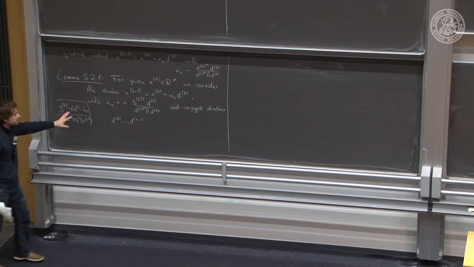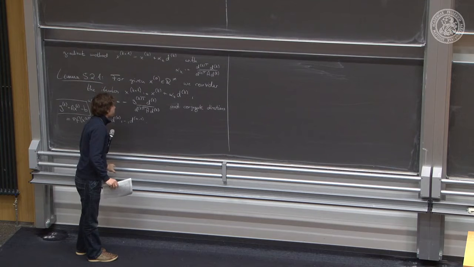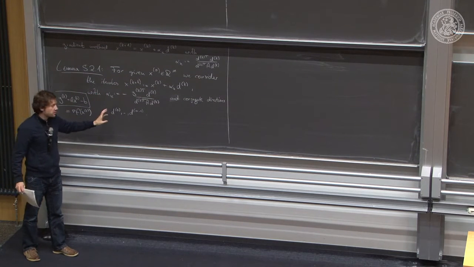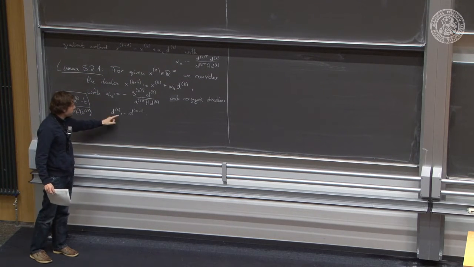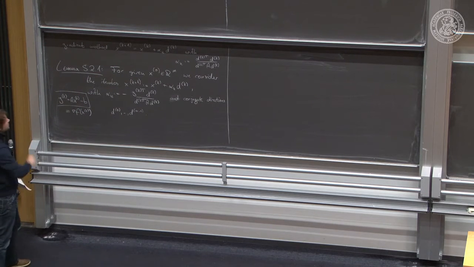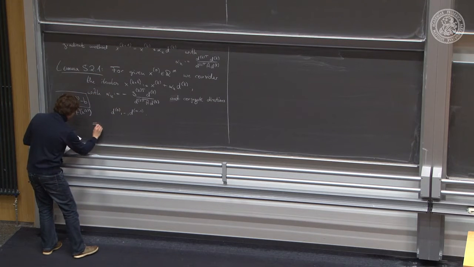So at the moment, this is a very general iterative method with the only really required assumption that these search directions are conjugate in the sense I already mentioned.